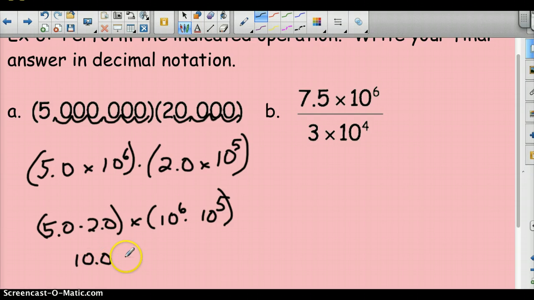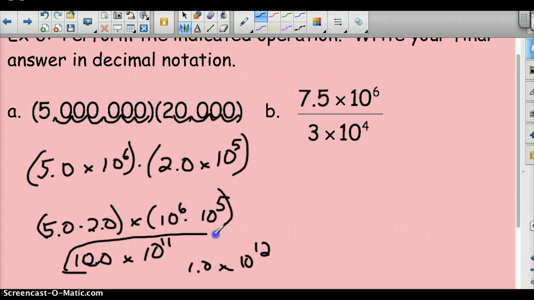And it is 10, so I can use that as a base. And 10 to the 6th times 10 to the 5th, we add the exponents. It becomes 10 to the 11th power. This can also be written as 1.0 if you want to move this base over 1 and add 1 to the power. It's 1.0 times 10 to the 12th. I will accept either one. Either one is fine here.